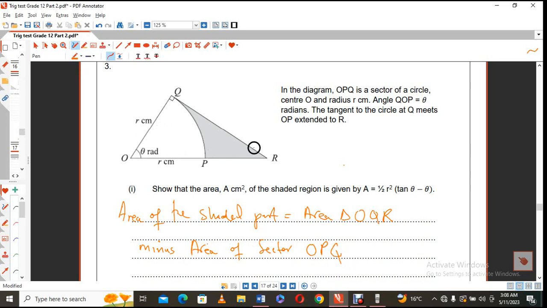So we take the area of the triangle, then we take the area of the sector, and we subtract them.